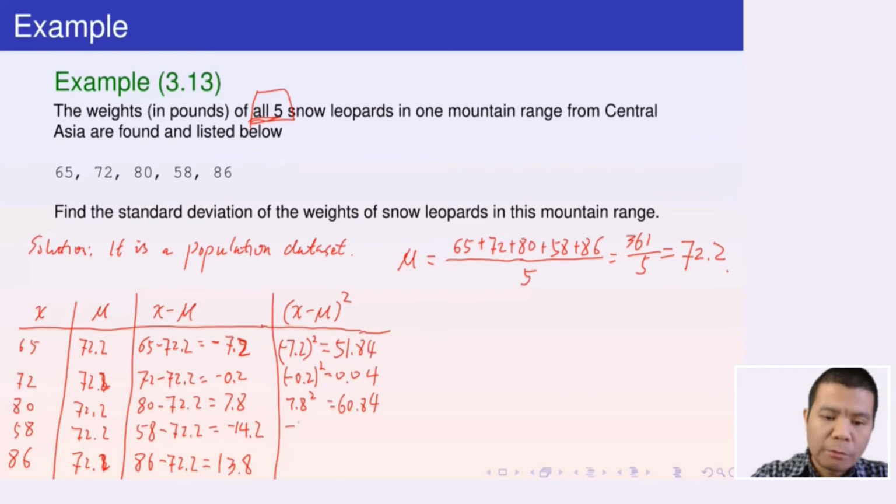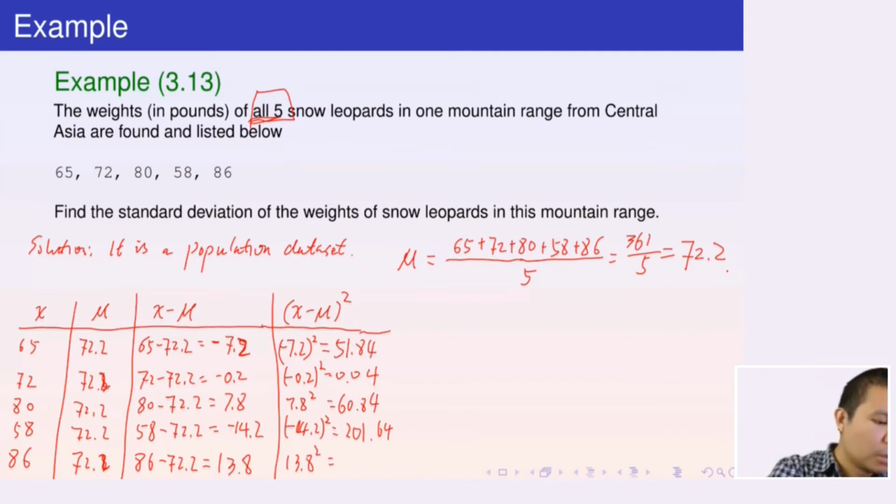Negative 14.2 squared, I got 201.64. And finally, 13.8 squared, I got 190.44. So these are the values of the squares.